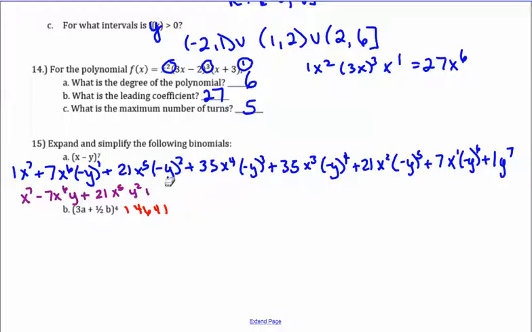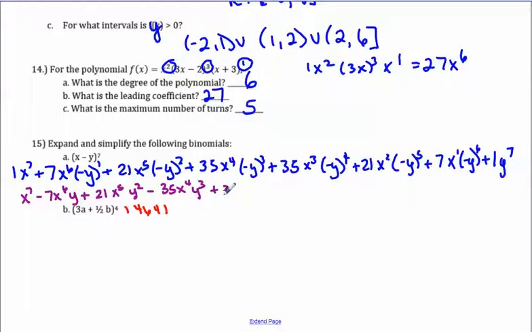Oops, next one. To the 3rd power is going to make another negative. 35x to the 4, y to the 3. Let's see. This is y to the 4th power, which is going to turn positive.